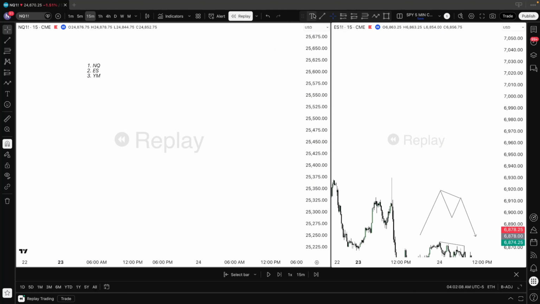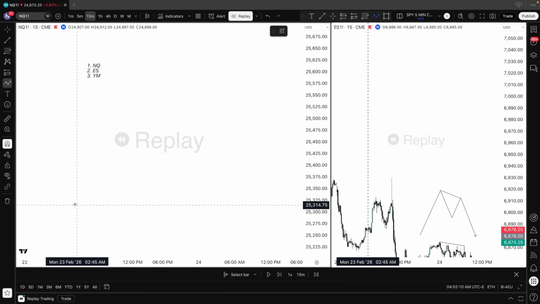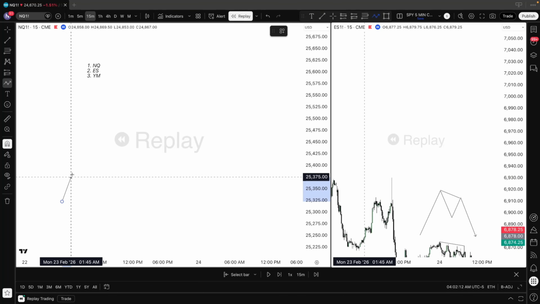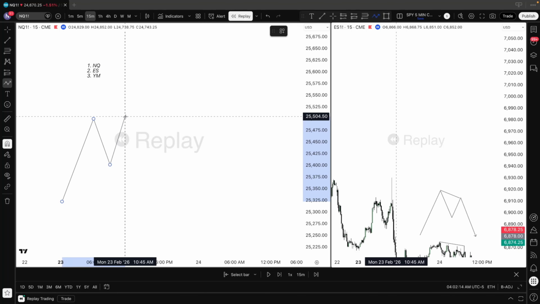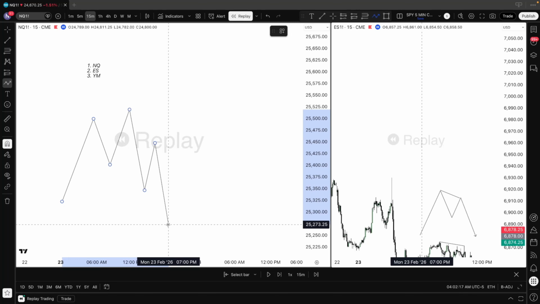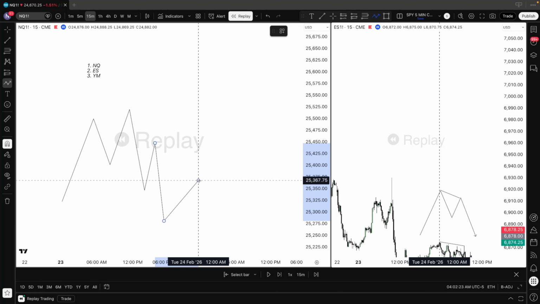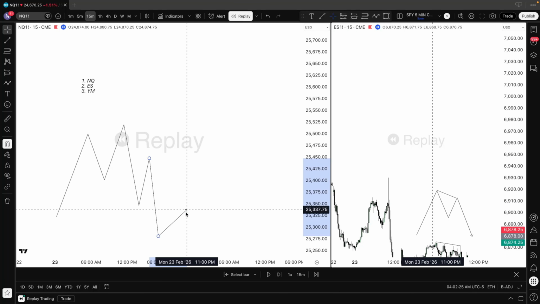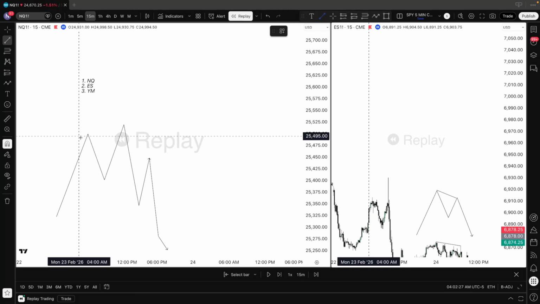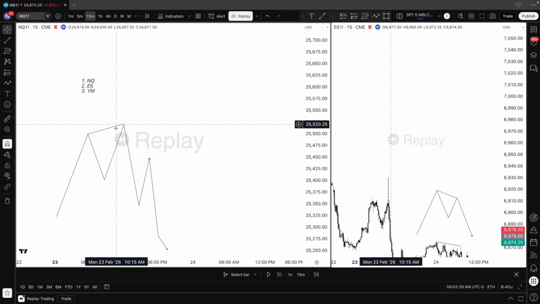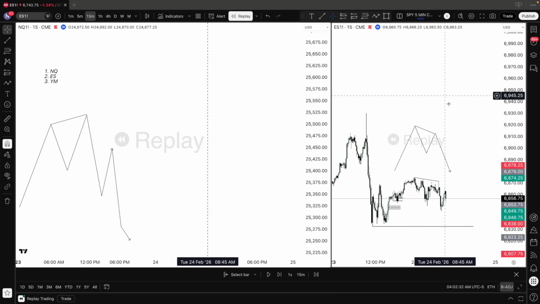Now, what exactly is SMT? Let's make a little model here. SMT is where we sweep the high on one asset and we don't on the other. Let's break this down. This is our SMT here, meaning we swept the high on NQ, and then on ES we do not.